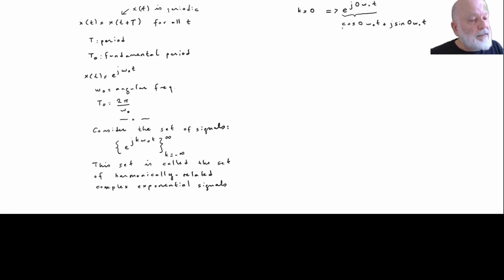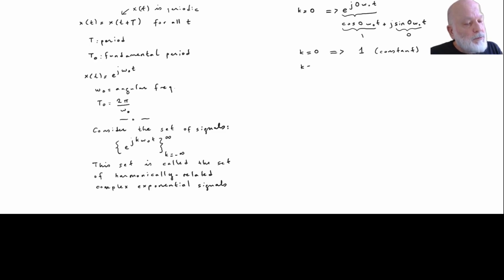Now you see that the cosine is equal to 1 and the sine is equal to 0. So k equal to 0 gives us the signal which is equal to 1. So it is the constant signal whose value is 1 for all t.